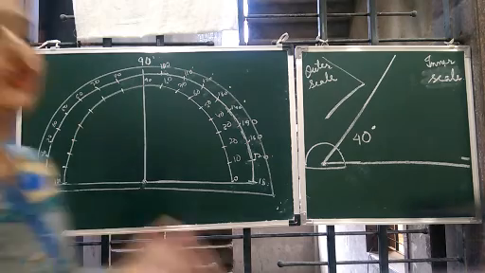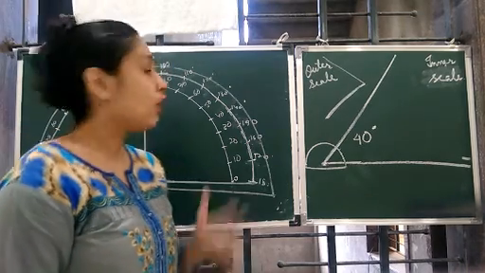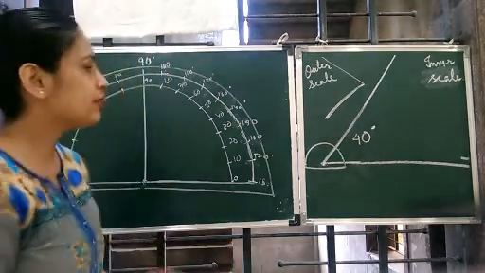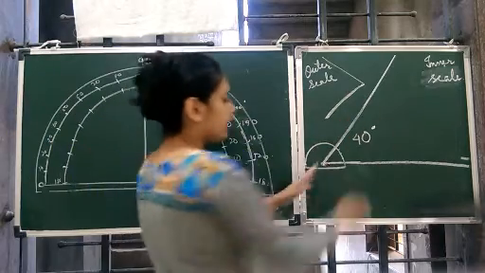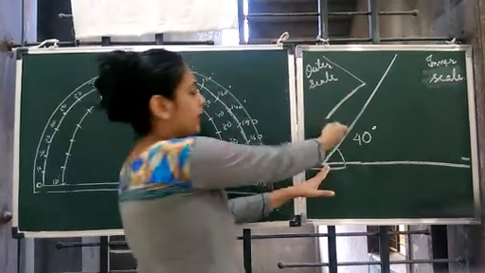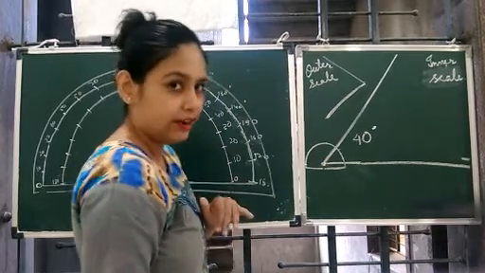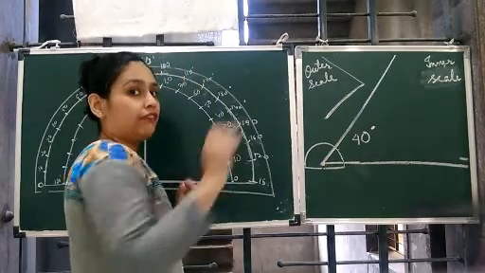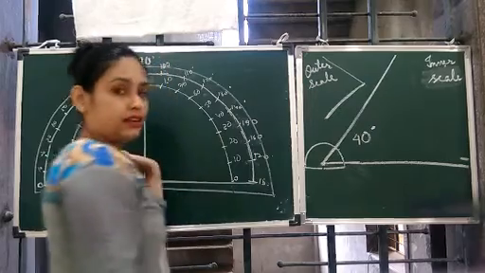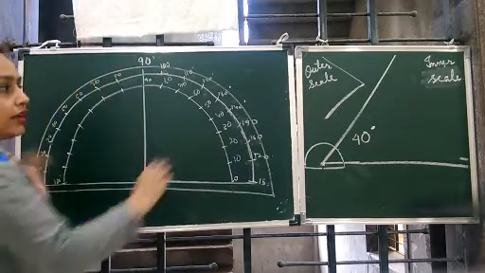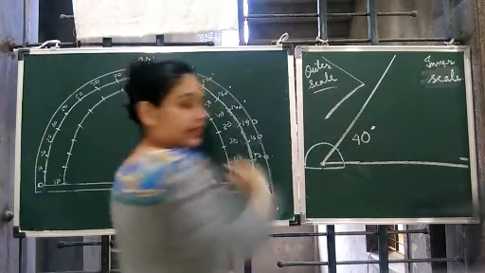So this is how we make an angle using a protractor. Now how do we measure an angle? Means if the angle is already made, what to do? Again, first decide whether the angle is left facing or right facing. If it is left facing, then you use the outer scale. So you write outer scale and inner scale.